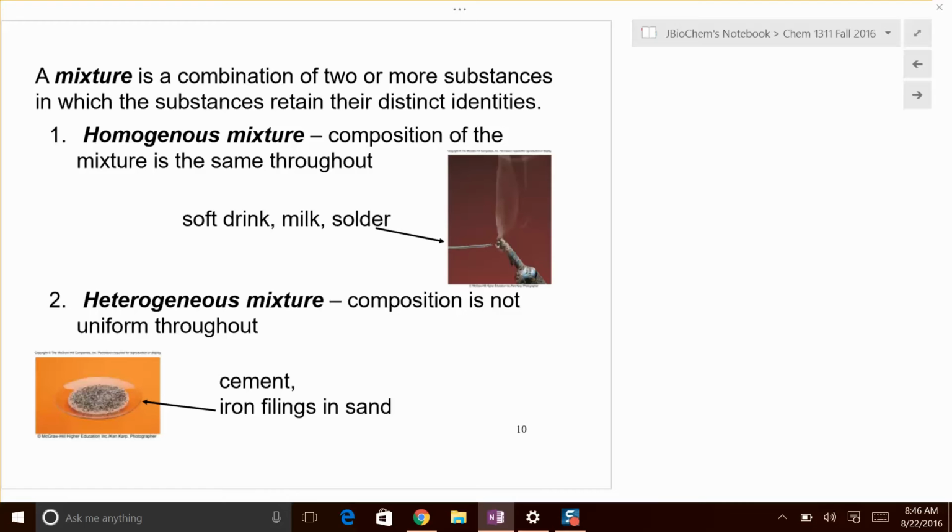But if the molecules do it themselves, they're going to do a perfect job, and it will be homogeneous. And we'll call it a solution. It has created a solution. Solutions are homogeneous mixtures. They're clear. We can't see the particles because they have mixed themselves perfectly, and they're too small to see. Okay? All right.